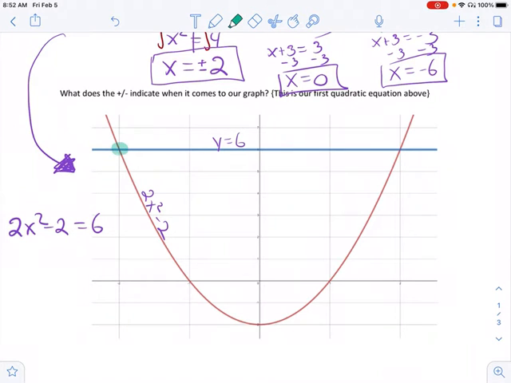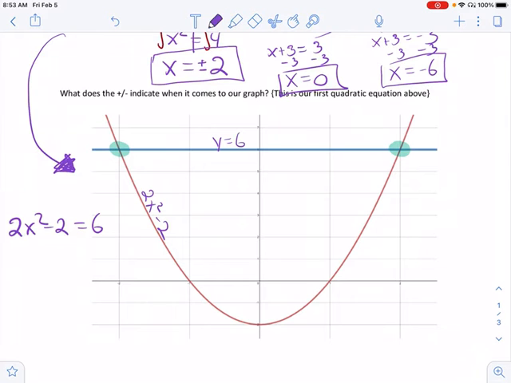Here, the parabola and the line are crossing at two different points. That's why we're generating two solutions, because that graph is going to equal 6 at negative 2, but it's also going to equal 6 at 2. This is just a visual idea as to why we're not going to panic when we get two solutions, because in a lot of cases when I have this curved shape, it can hit that line multiple times.